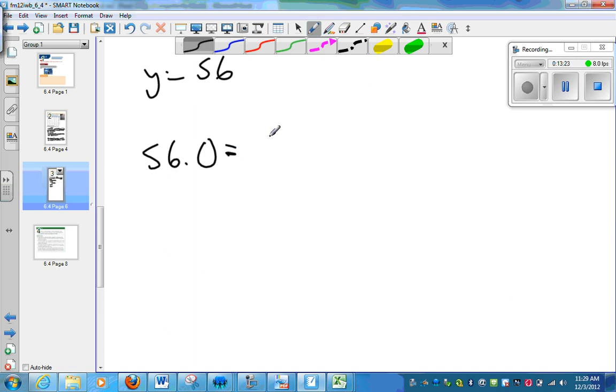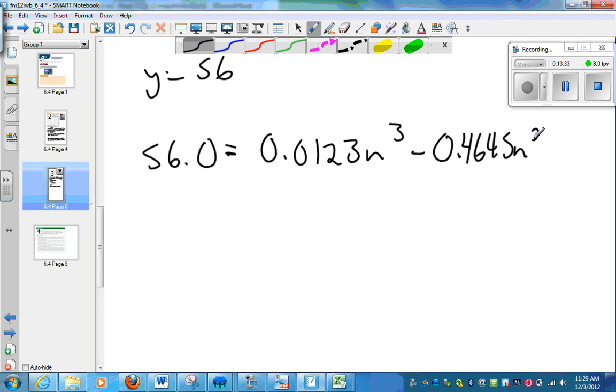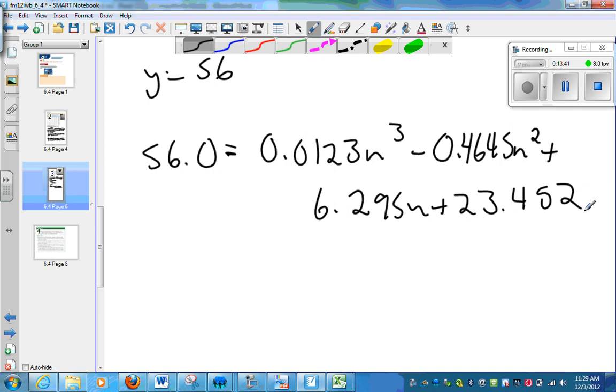So we have 56 equals 0.0123x cubed minus 0.4... I'm just going to pause and get that already on the graphing calculator.